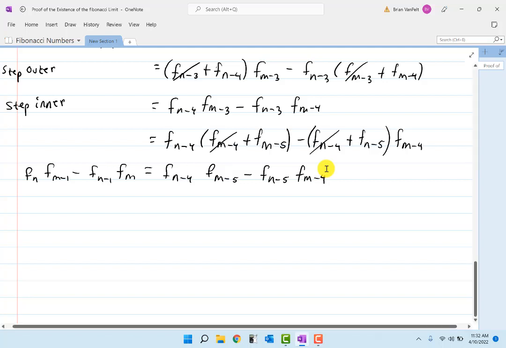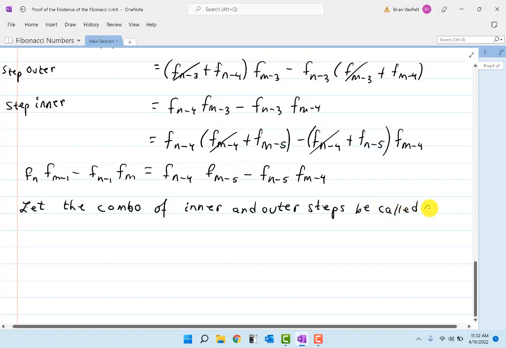It's kind of fun. So let the combo of inner and outer steps be called a two-step. Thus, this is what we have.